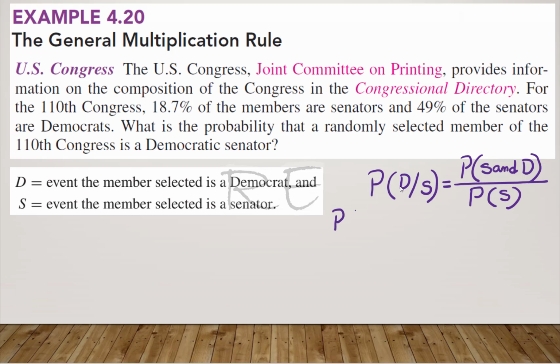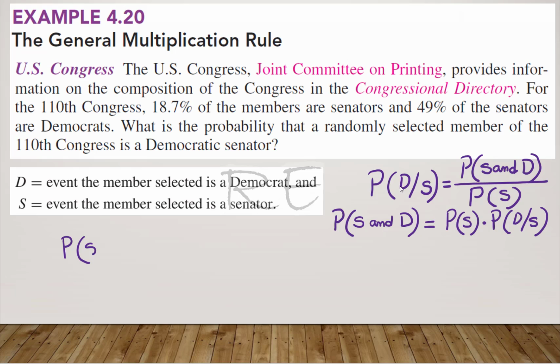When we cross multiply, P of S and D will be equal to P of S times P of D given S. I will just multiply.